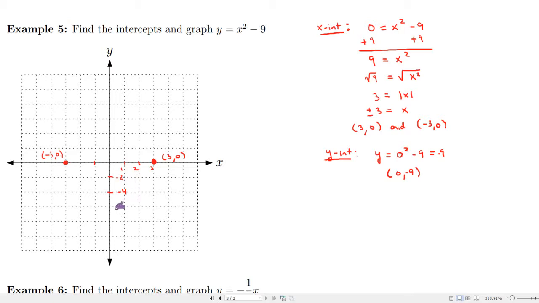So -2, -4, -6, -8, -10, right? It's perfectly fine that you can increment these differently. Just be consistent, okay? So -9 would be down here. So that would be our y-intercept. So that is 0 minus 9.